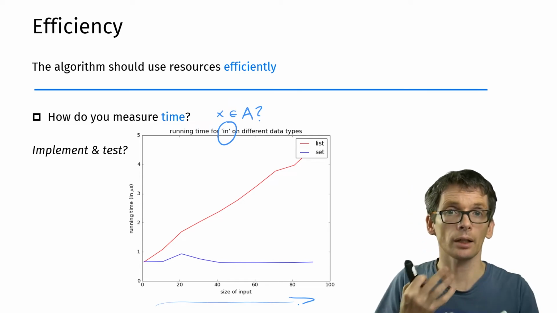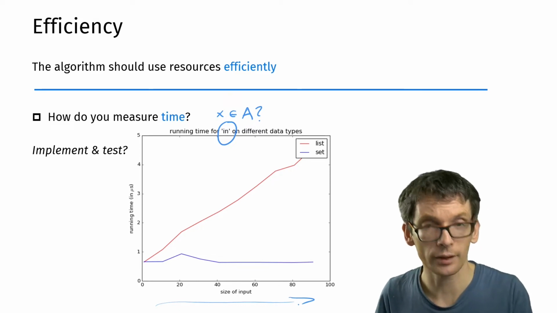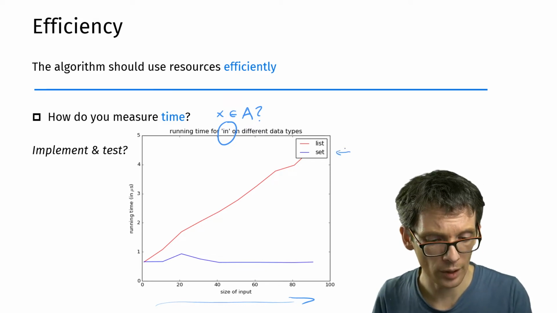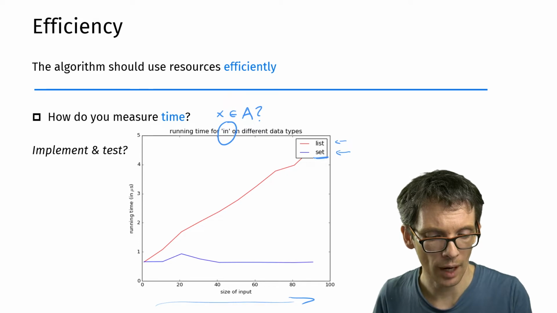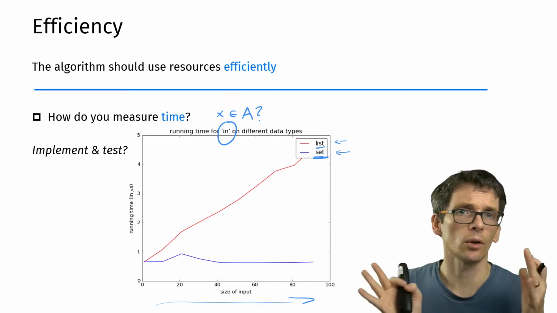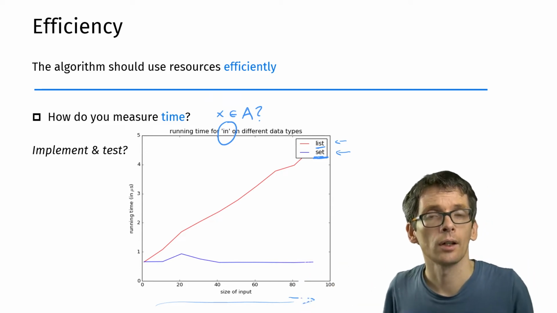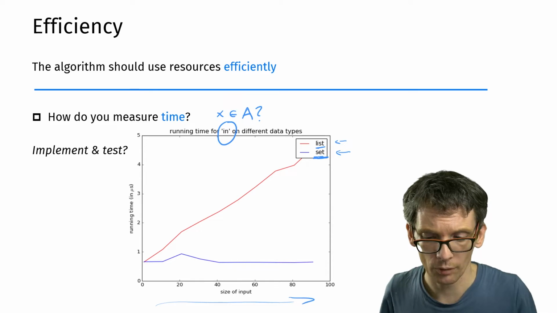This is actually more of a data structure question. Depending on how I store my data, whether it's a Python list or a Python set, and you don't need to know what that is right now. It's just two different ways to store data for the purpose of this slide.